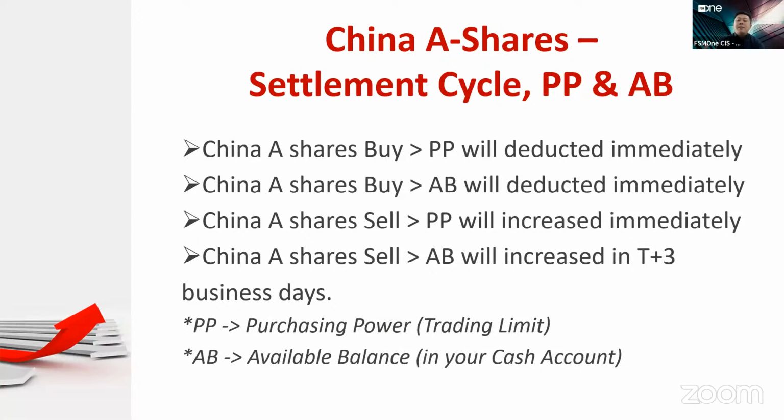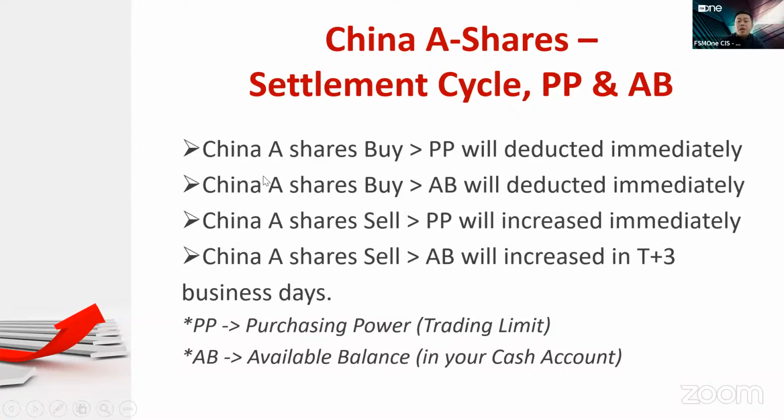AB means that as long as you see the amount in the available balance in your cash account, that is the money that you are able to withdraw anytime from your cash account. When we sell stock, the stock will take some transaction or processing time for us to receive the money from the exchange.